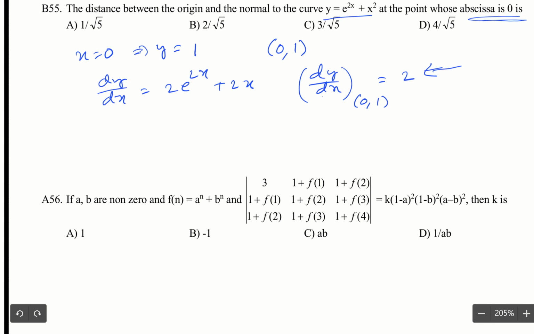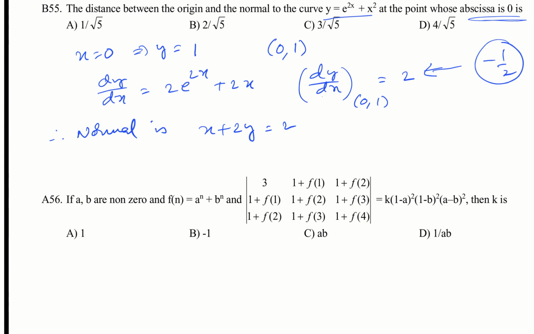Therefore the slope of the normal will be -1/2. Therefore the normal is x + 2y, and it is passing through the point (0, 1), so it is 2. That is the normal. Now we want the distance from the origin to this line. Distance from the origin will be 2 by root 5.